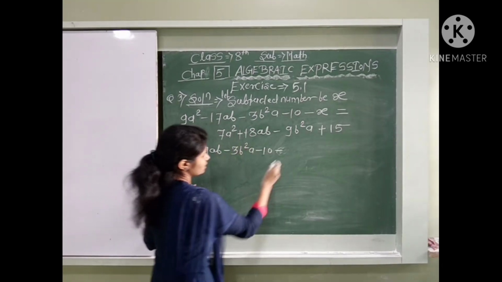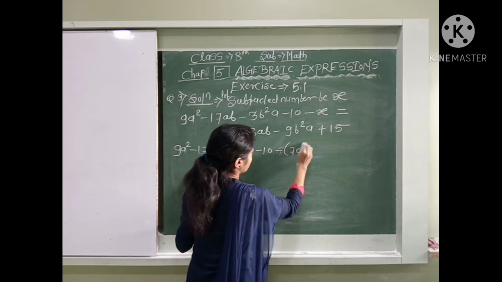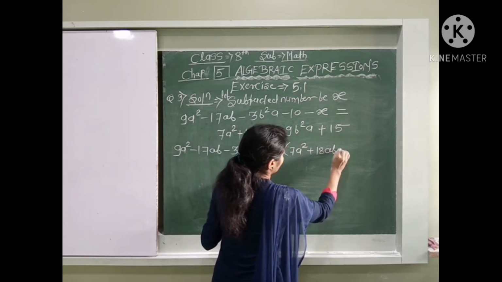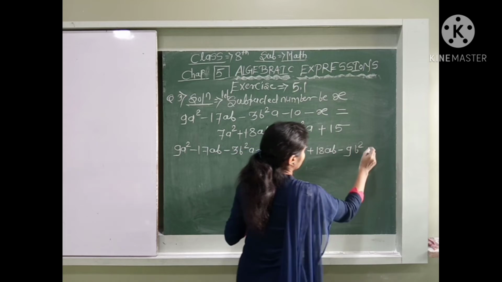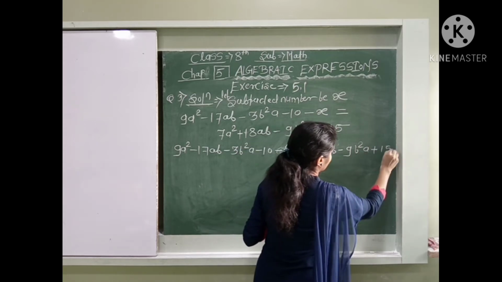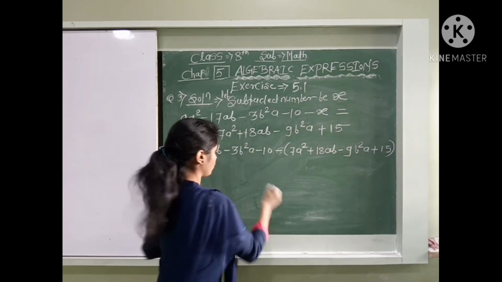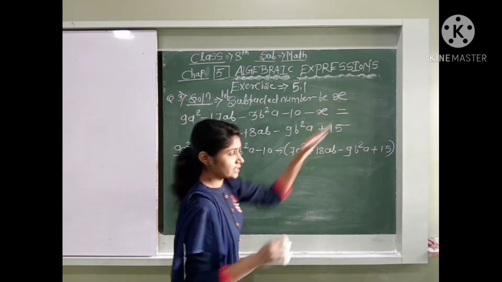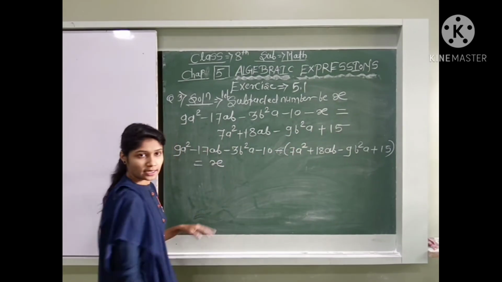The other side is plus, then minus 7a square, 18ab, minus 9b square a, plus 50 is equal to x, when the minus x is transferred to the other side. Understand, student?